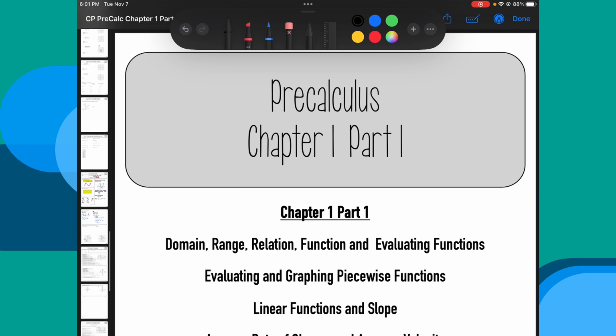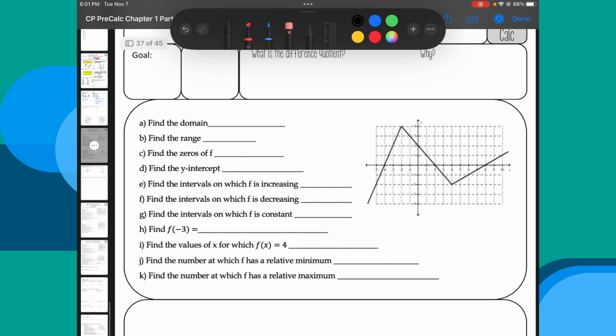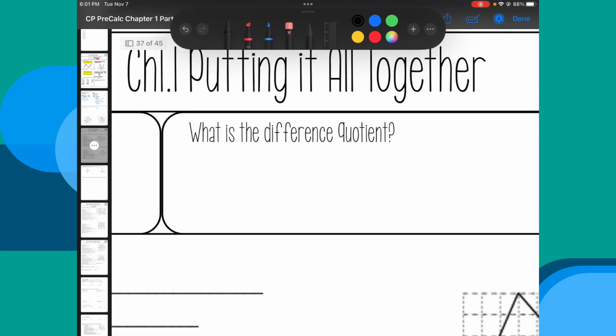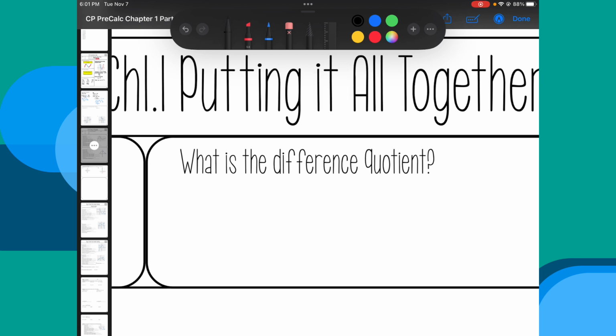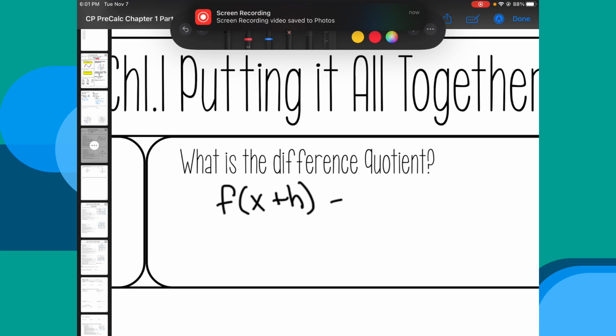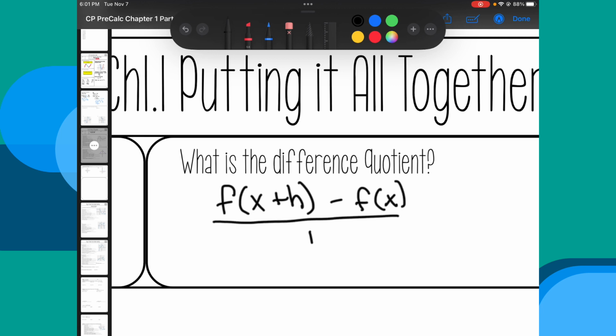All right, let's put all of these pieces together. I lost my page. Starting with, can you remember the difference quotient? You gotta remember that. The difference quotient is f of x plus h minus f of x all over h.